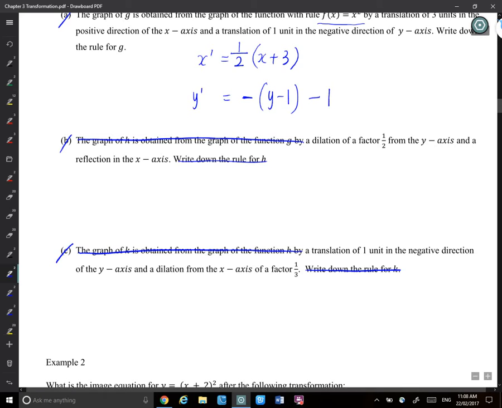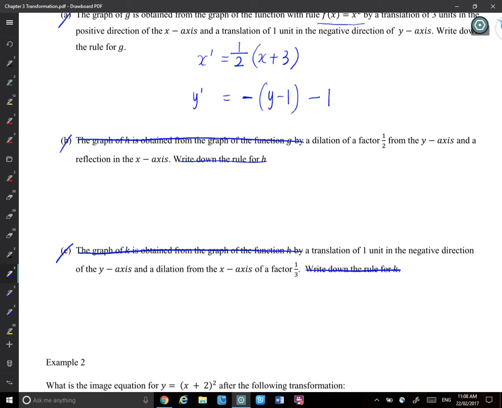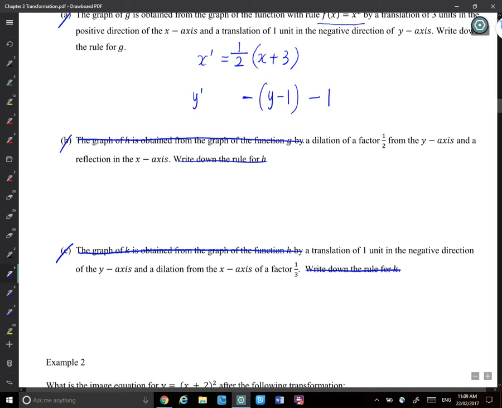You will subtract that further by 1. And then a dilation from the x-axis of a factor of a third, which is changing the y value. How much have you changed it? By a third. You bracket the whole thing here and times that by a third.